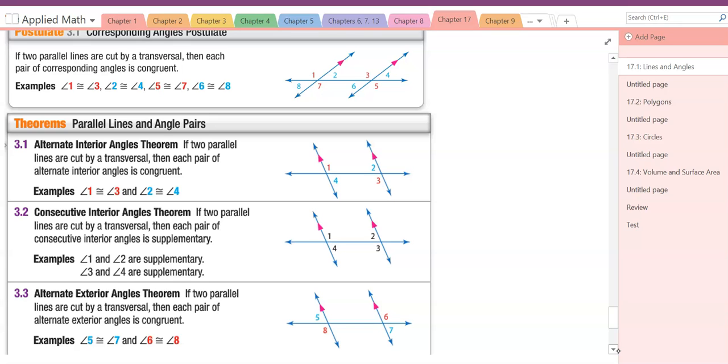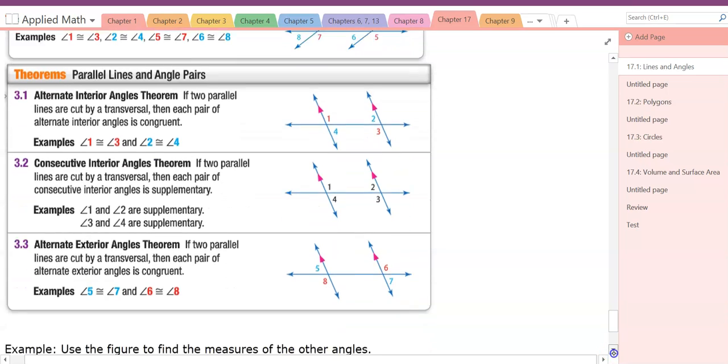If you have parallel lines and they're cut by a transversal, it starts to make these angles have specific types of relationships with each other. Some of them are congruent, some of them are going to be supplementary. Corresponding angles are all going to be congruent. Alternate angles, whether interior or exterior, are also going to be congruent. Consecutive angles, so consecutive interior or consecutive exterior angles, are going to be supplementary, which remember means they add up to 180.